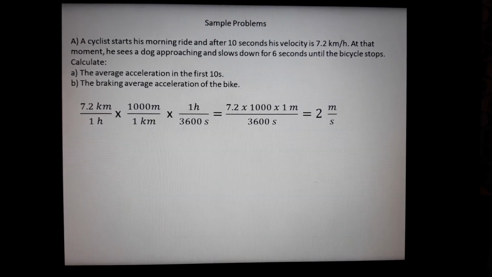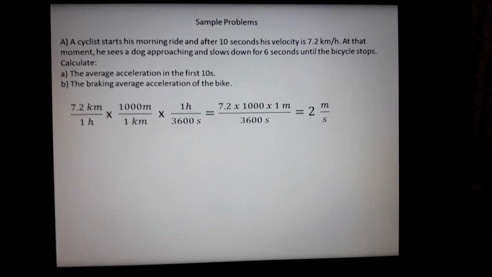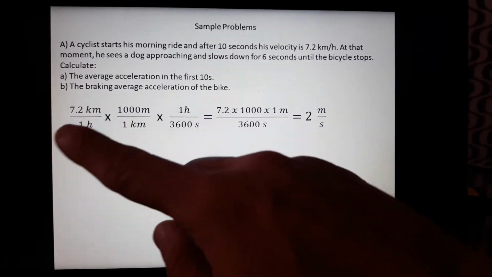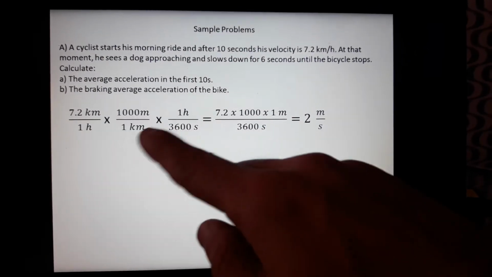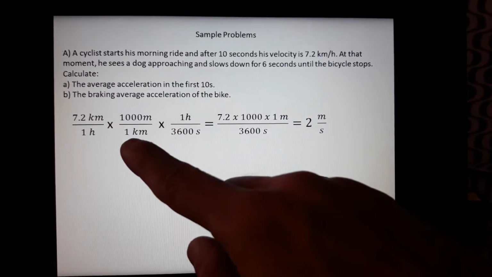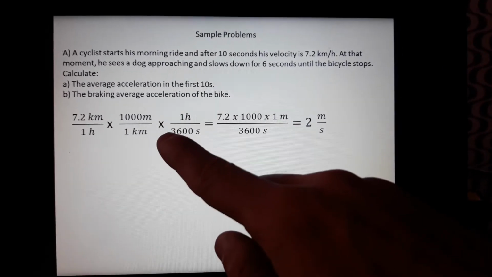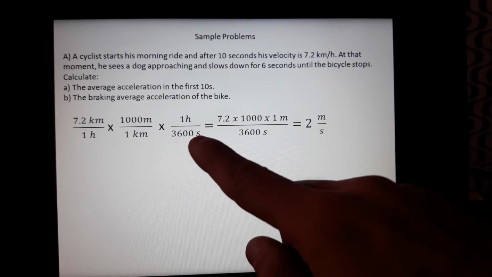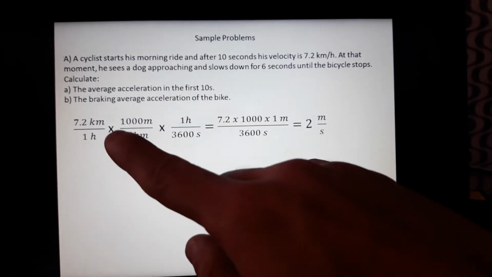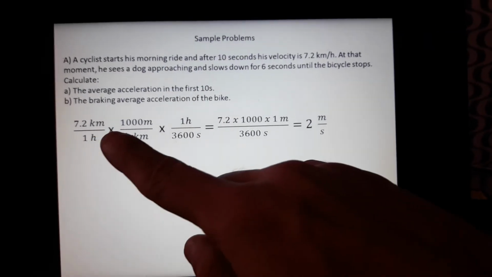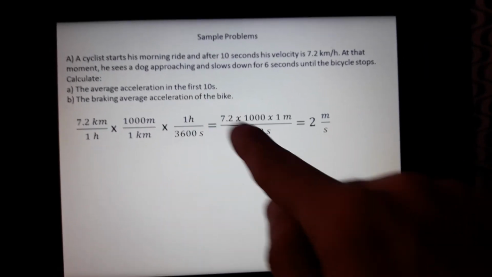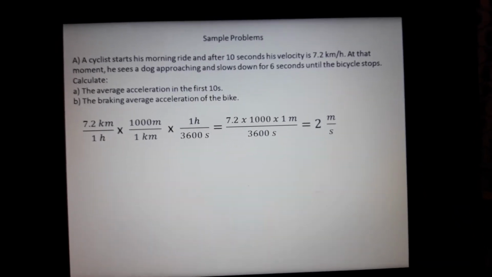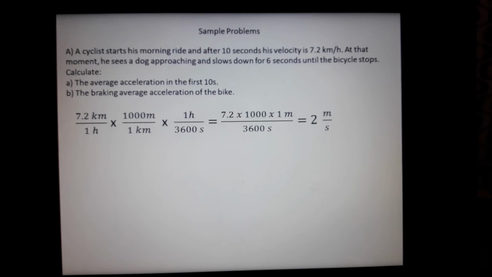We write 7.2 kilometers divided by 1 hour, multiplied by 1000 meters divided by 1 kilometer, multiplied by 1 hour divided by 3600 seconds. We cancel kilometers with kilometers, hour with hour, and we have just meters per second. We multiply and divide by 3600 seconds, and we have 2 meters per second.